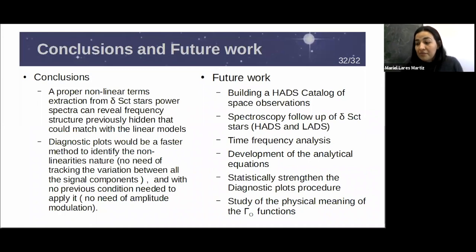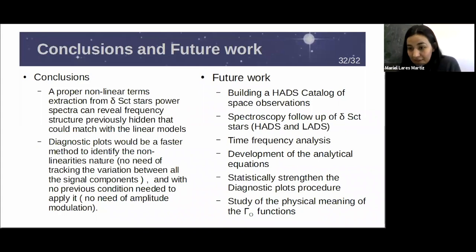So possibly another template for other types of nonlinear processes, in this case including time variability, could be found.